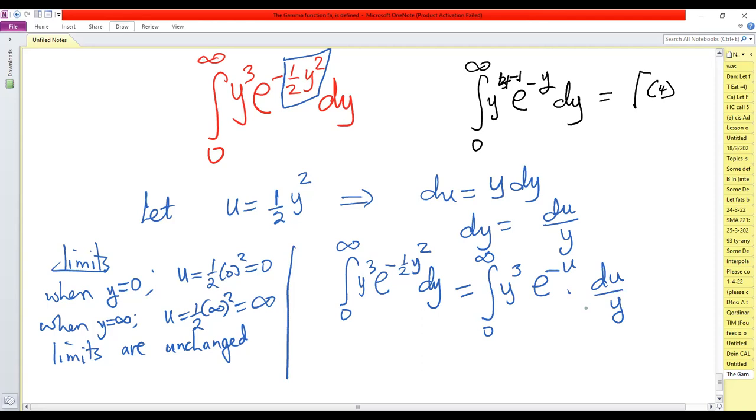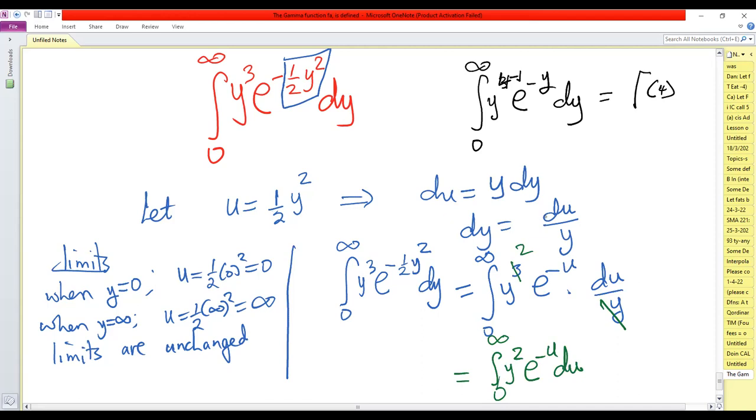By doing this, y and 1 over y cancel here, so we have the integral from 0 to infinity of y squared e raised power minus u du.